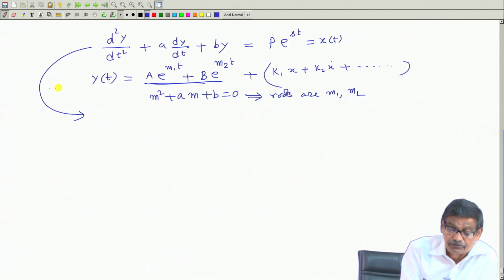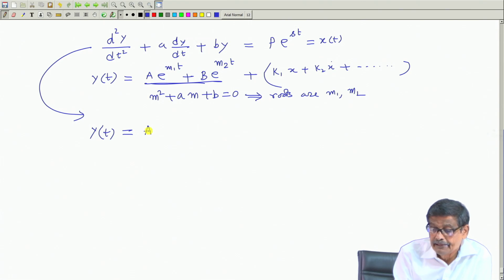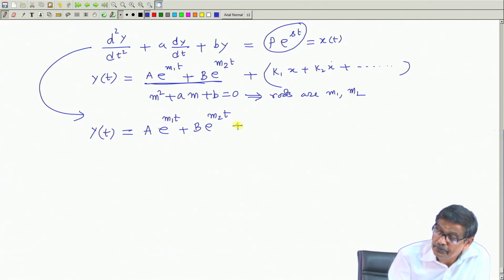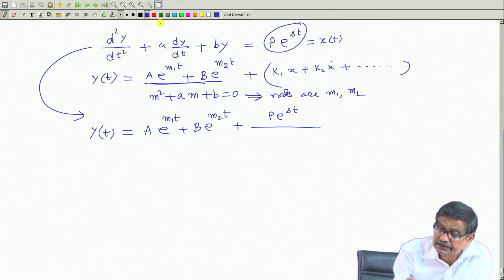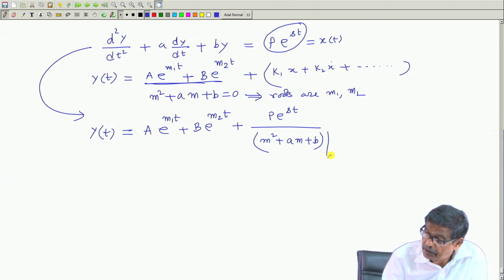Now, after learning that, I will say the total solution will be a into e to the power m 1 t plus b into e to the power m 2 t if the roots are distinct, plus, if the right hand side is of this special form, simply p into e to the power s t, the solution due to forcing function: input divided by the characteristic equation m square plus a m plus b, but put s for m.